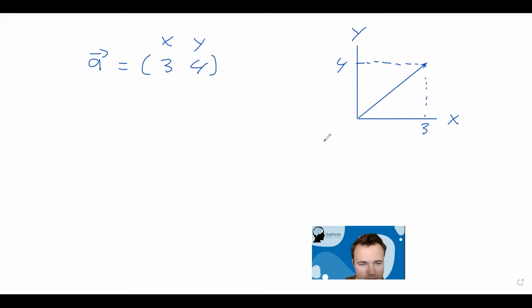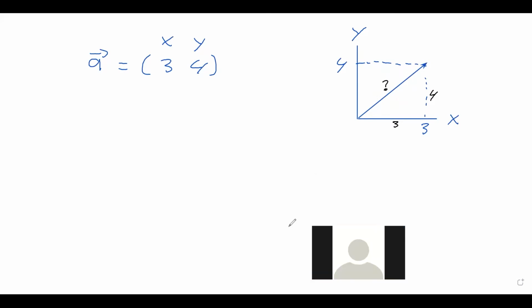Okay. And now one of the questions that you could ask is, what is the length of this vector? So what is the length of this side of the triangle, basically? Because notice it's just a 90-degree angle, right? And maybe you already learned a theorem in high school. It's called Pythagoras' theorem. So you know that this side has the value 3. This side has the value 4. And you want to know the length of this arrow.